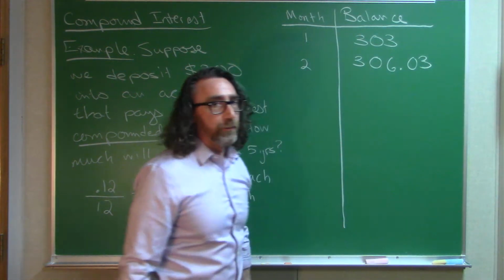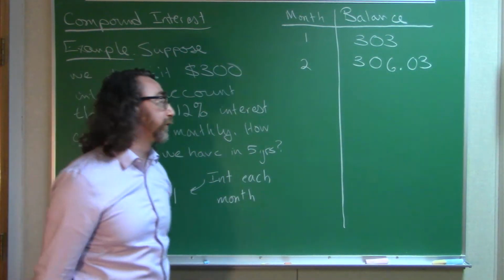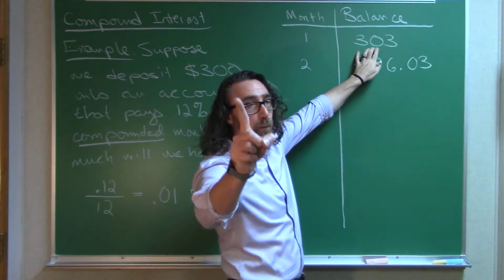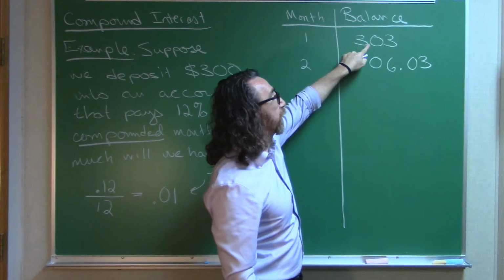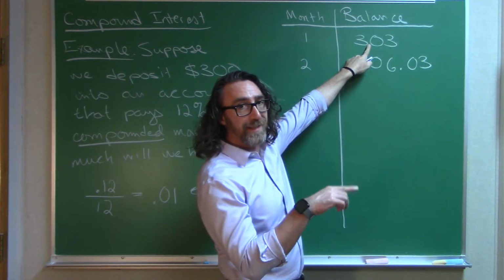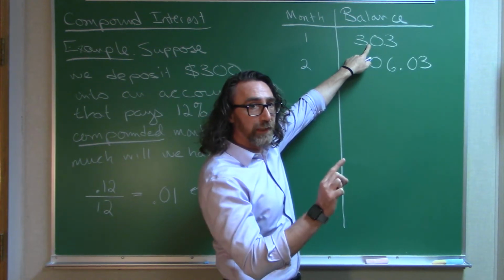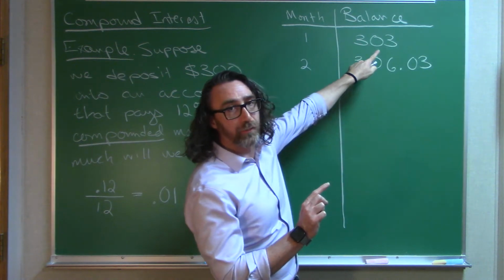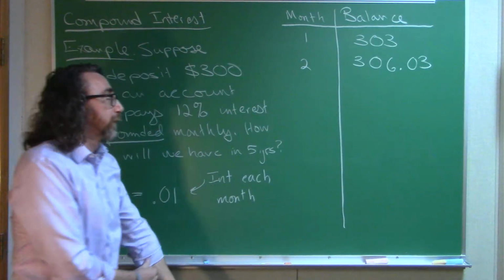You're going to have that much at the end of 2 months. Once again, the reasoning is they look at your account, there's $303 in there. Take 1% of that. Move the decimal 2 spots, and 1% in this case is $3.03. We add the $3.03 to the existing $303, getting this.